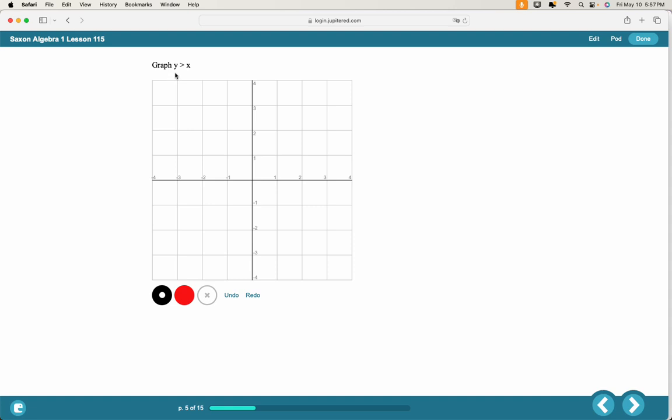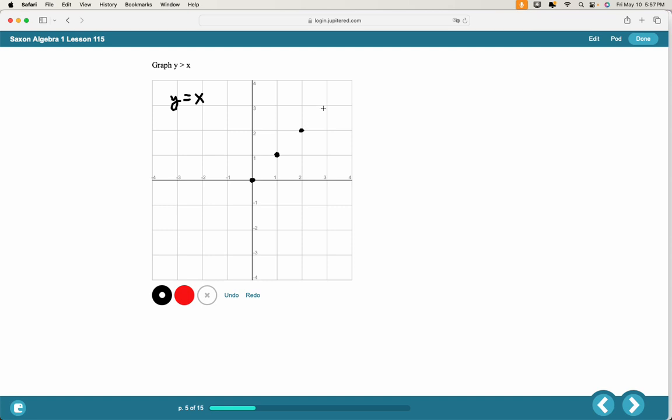All right, so now this says y is greater than x. Well, if y is greater than x, if this were a line, it would look like y is equal to x, which means that whatever value y has, x is the same. So that means if y is 0, x is 0. If y is +1, x is +1.